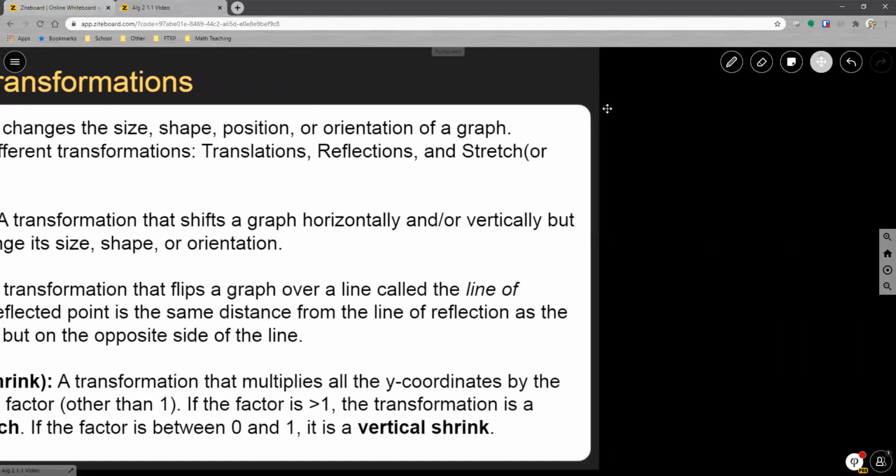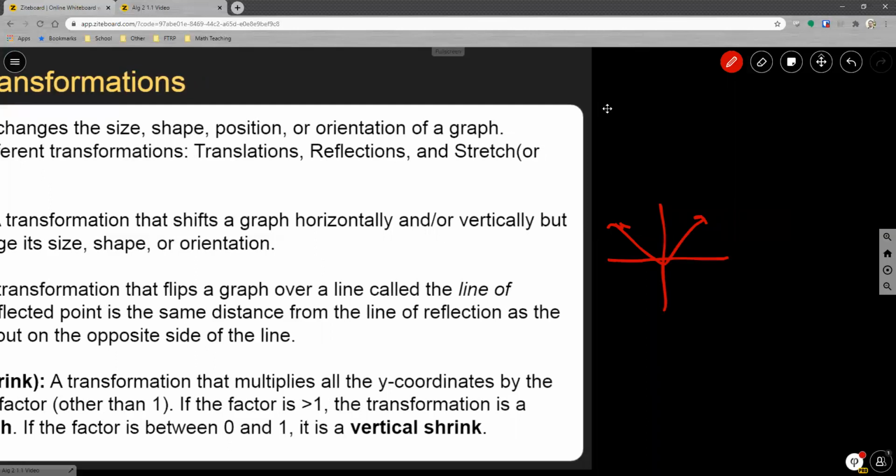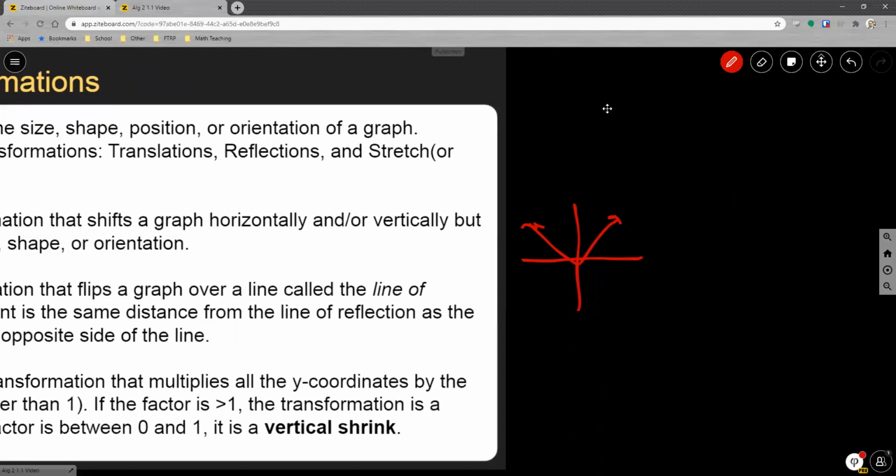So for instance, if I have a graph of a function, let's say my function looks like this, it's an absolute value function. Let's say it's at the origin. I didn't draw that very well, but it could be shifted. Let's say it gets shifted vertically. My new function might look something like this. The same function, still an absolute value, but the whole thing got shifted up some number of units.